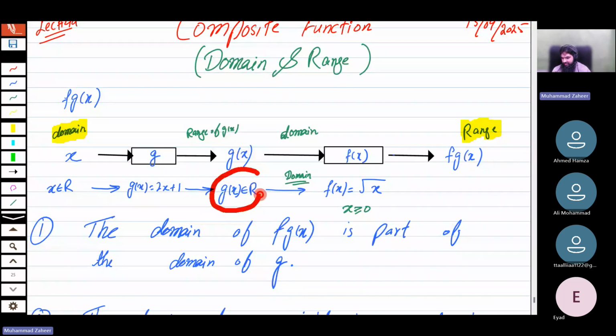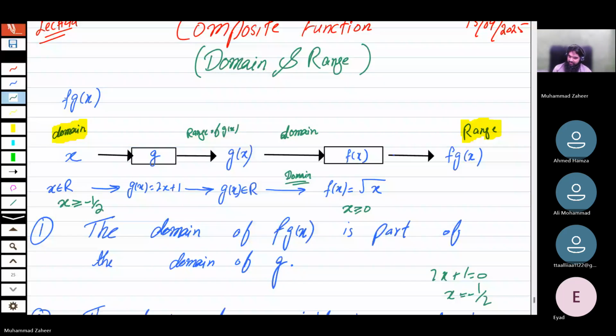If I don't need a negative number here, this means that I need to change the domain of g as well. For example, if I need only the positive answer, how is it possible? I will set 2x plus 1 equal to 0. I get x equal to minus 1 over 2. So I need to substitute x greater than or equal to minus 1 by 2.